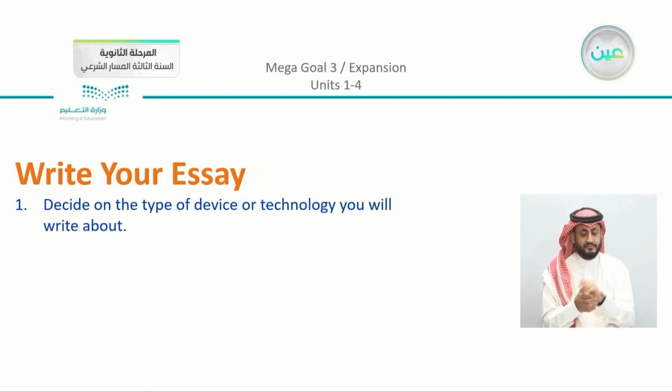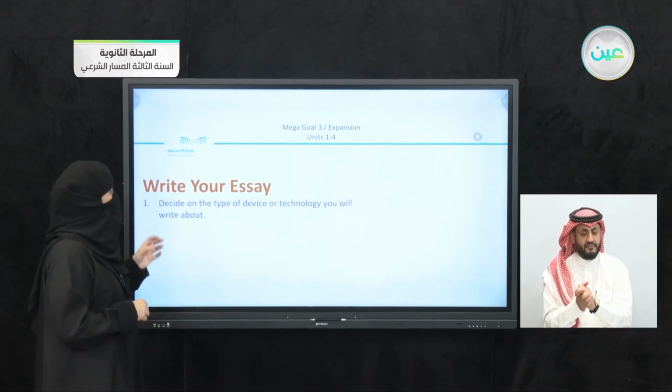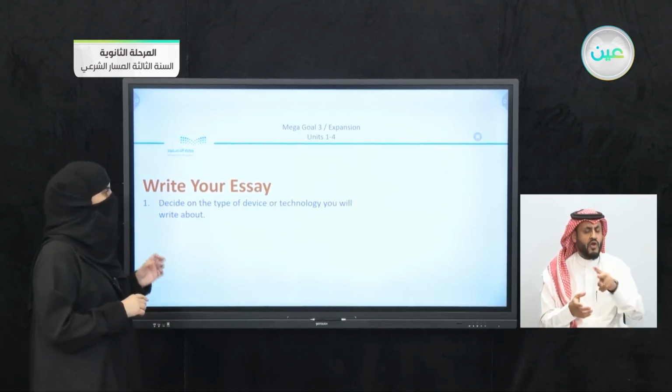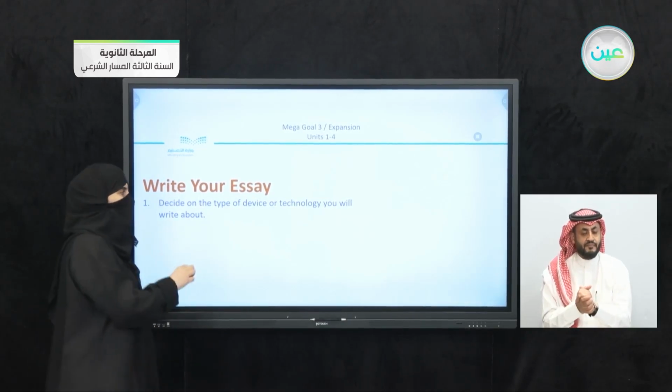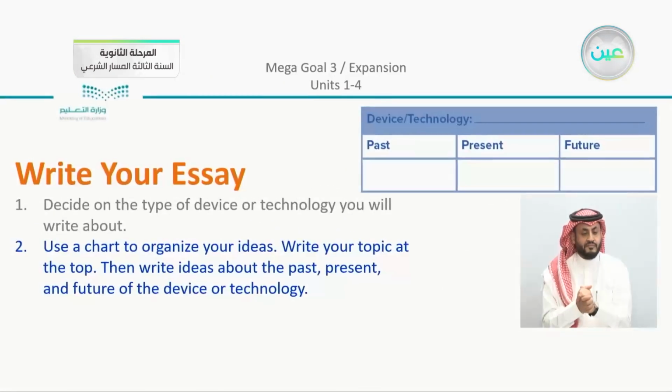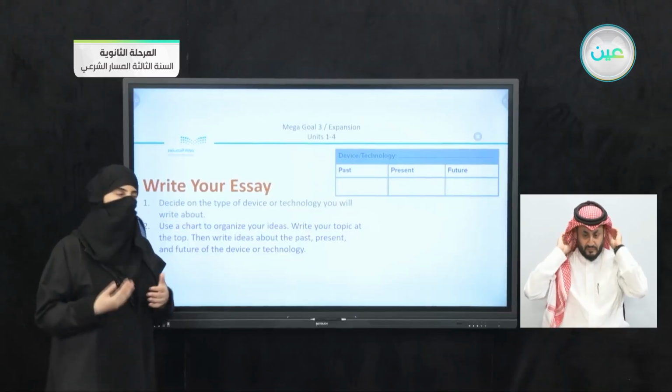Now, there are some instructions that are mentioned in the book. First of all, write your essay. First of all, decide on the type of device or technology you will write about. This is something that we mentioned. We're going to add number 2. Use a chart to organize your ideas. As for the chart that you can see in front of you, you can use it to organize your ideas here.